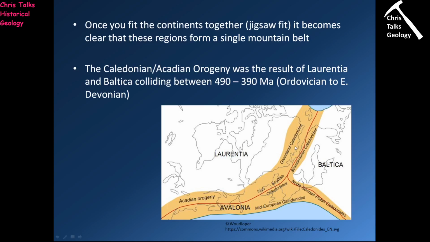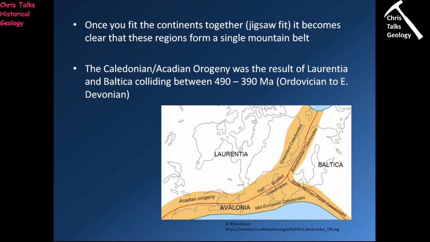Okay, so we can see that the old mountain range on the east coast of Greenland was formed by a collision that was going east-west. And the same goes for the mountain range that formed over here along the western coast of Scandinavia. And so those pieces of evidence, when you put them together, suggest that the old mountain range that you see here on the east coast of Greenland and the remains of the mountain range you see over here on the west coast of Scandinavia is actually the same mountain range.